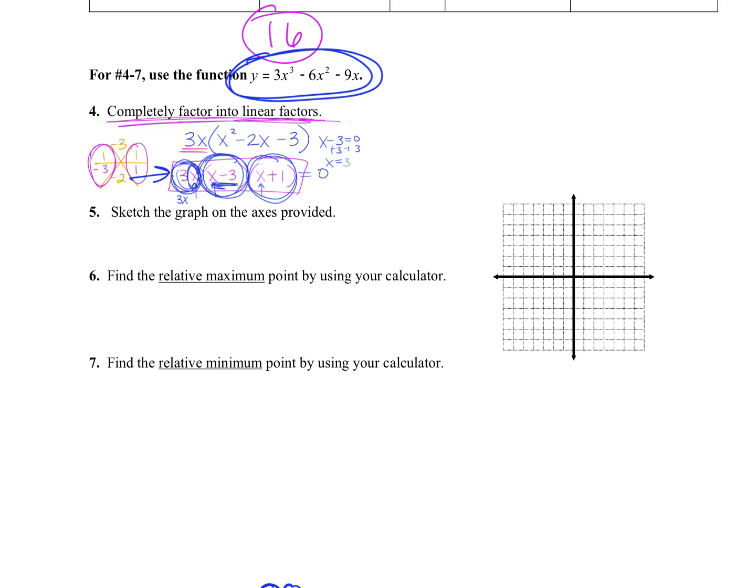So 3x caret 3, arrow to the right, minus 6x squared, minus 9x. Okay, you should still have y2 equal to 0 there.